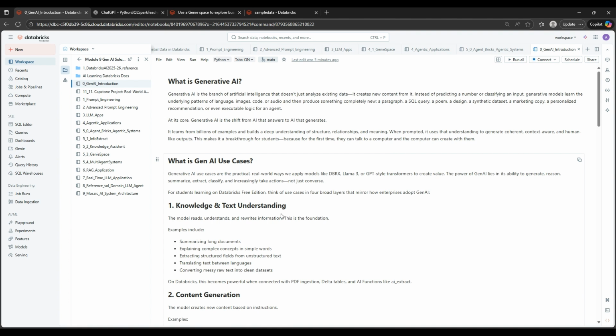Let's understand the definition of generative AI. Generative AI is a branch of artificial intelligence that doesn't just analyze the existing data, it creates new content from it.